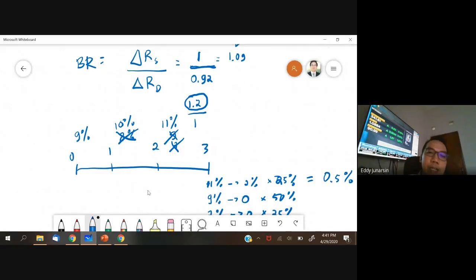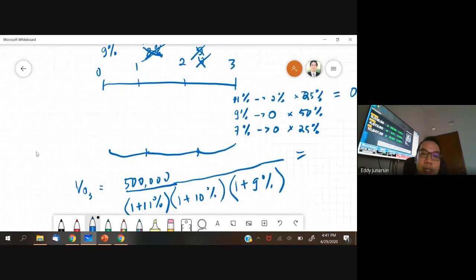The second year we have two possibilities, right? 50% chance that it will be 10, 50% remaining chance that it will be 8. But if it's 8, then there's no value, right? Because the cap rate is 9. And similarly, for the third year, we have 3 possibilities, but the 2 other possibilities will be worthless. So only 11% would be making money for this case.